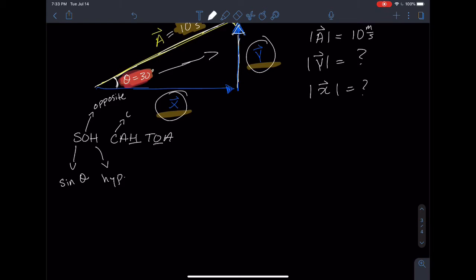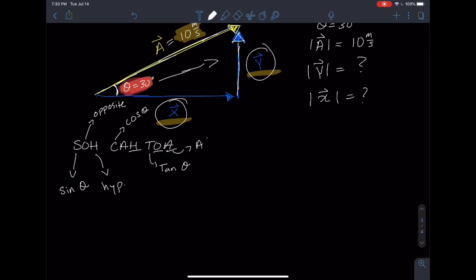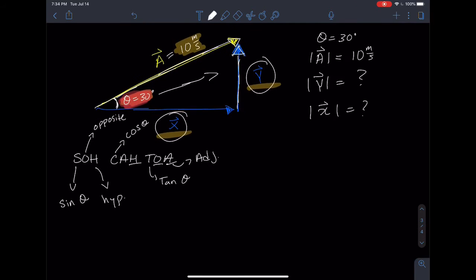This c refers to cosine of theta. This t refers to tangent of theta. This a refers to adjacent. So just a quick recap: S, C, and T stand for sine, cosine, and tangent. A stands for adjacent, O stands for opposite, and H stands for hypotenuse.